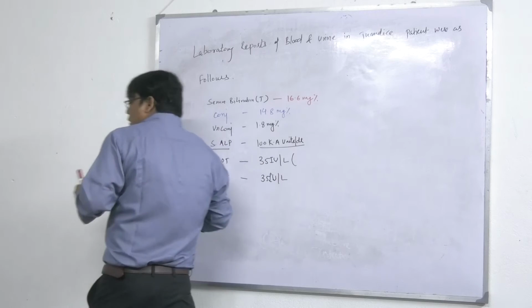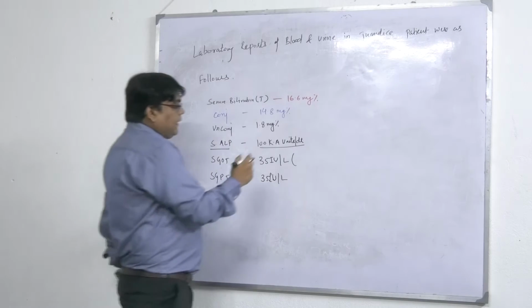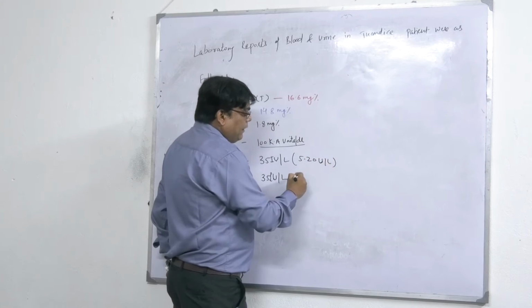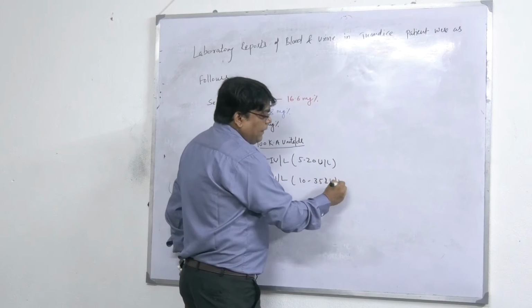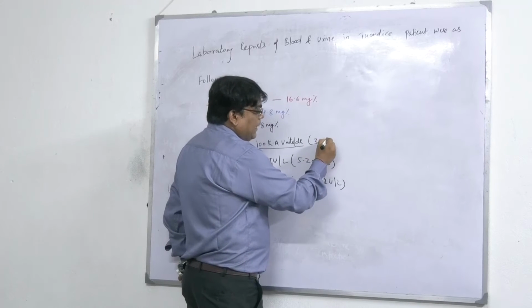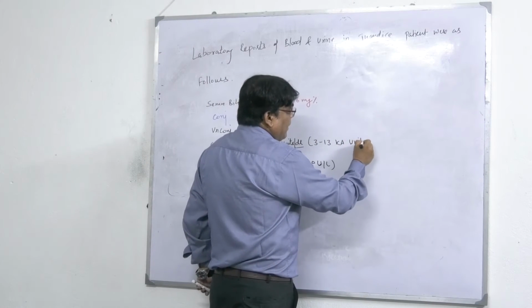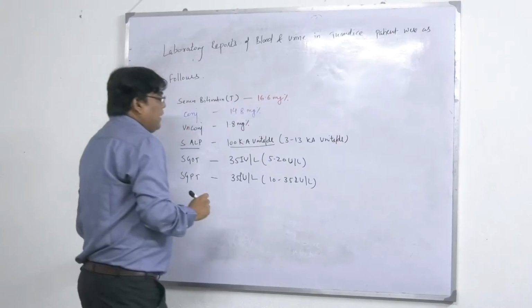Okay, the normal range of this is 5 to 20 international unit per liter, and this is 10 to 35 international unit per liter, and this is 3 to 13 King units per dl.